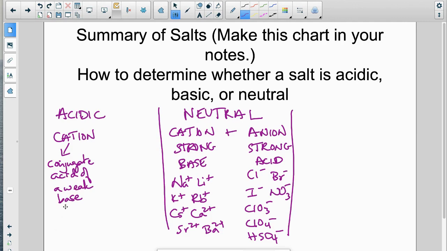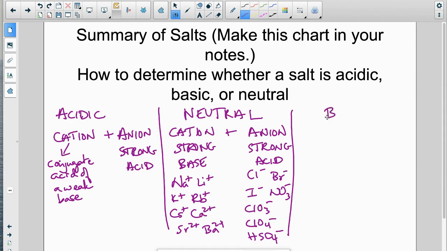So here, any weak base's conjugate acid can be the cation and will form an acidic salt. Basically, that's the only part that needs to be acidic. This anion will come from a strong acid, so it'll be one of these ions over here.